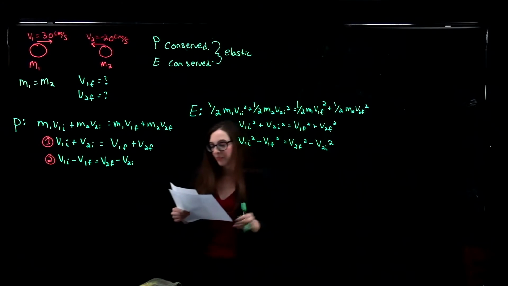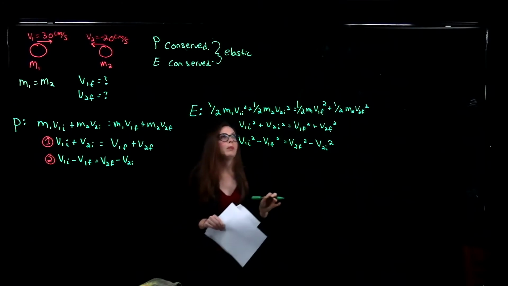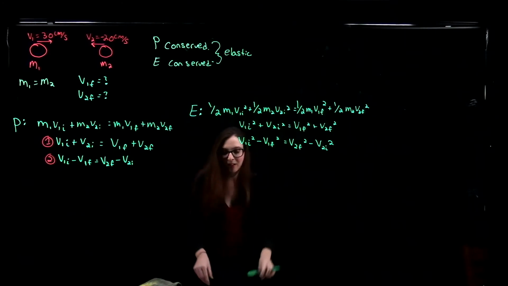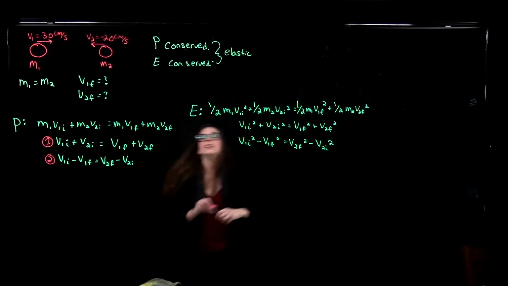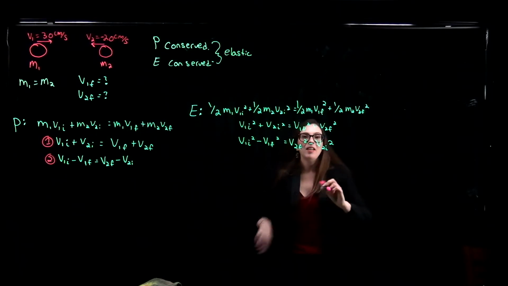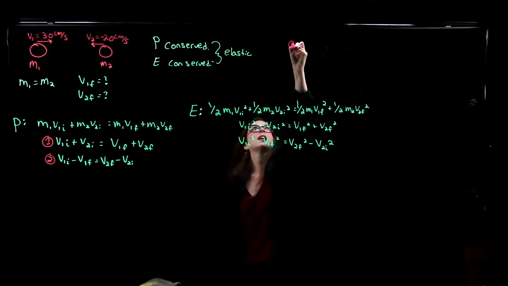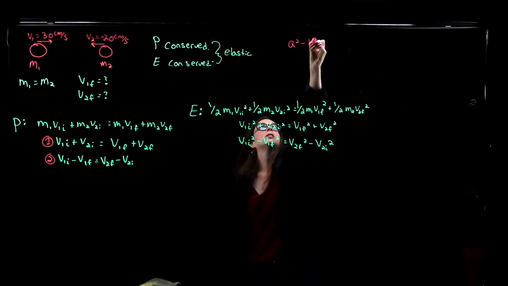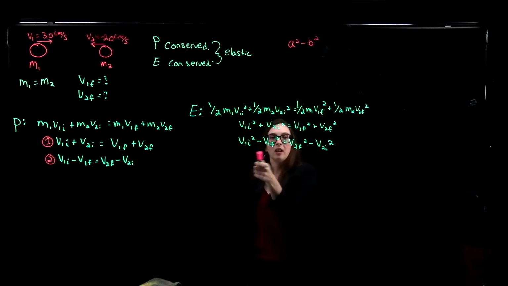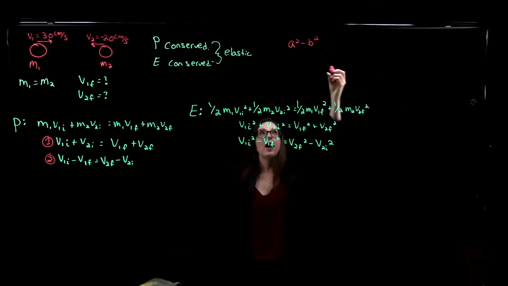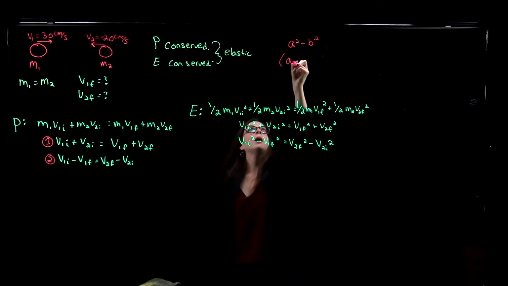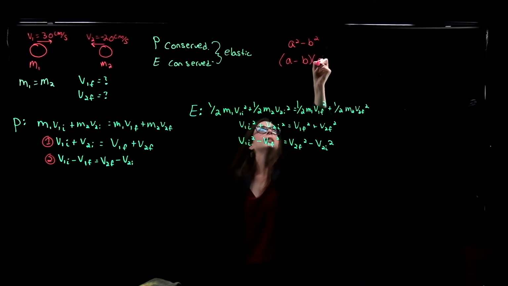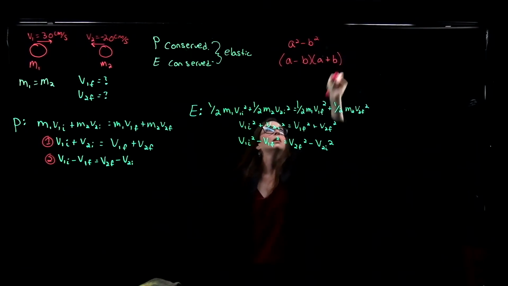Okay? And then, if you remember from your algebra class, which you all had to take as a prereq, that if you see something that looks like this, a squared minus b squared, that's what we have right here, you can factor this out to be a minus b times a plus b, okay?